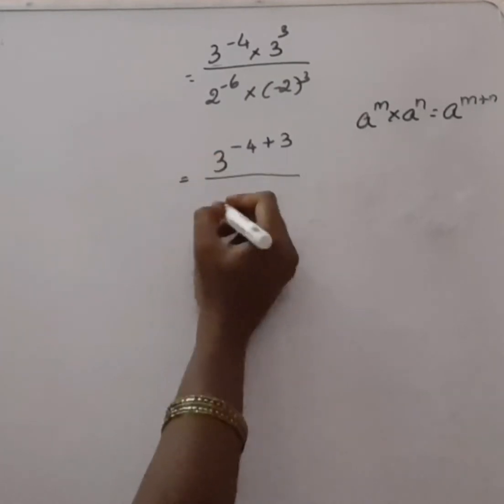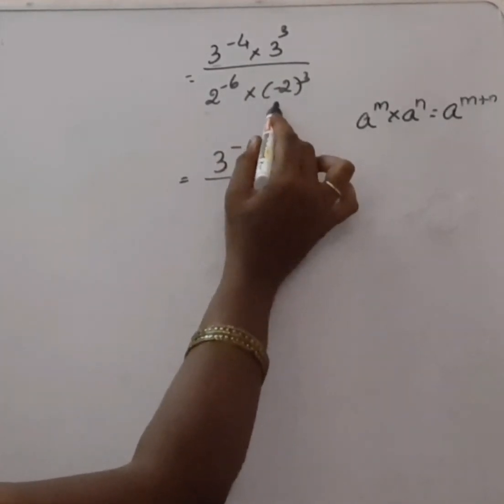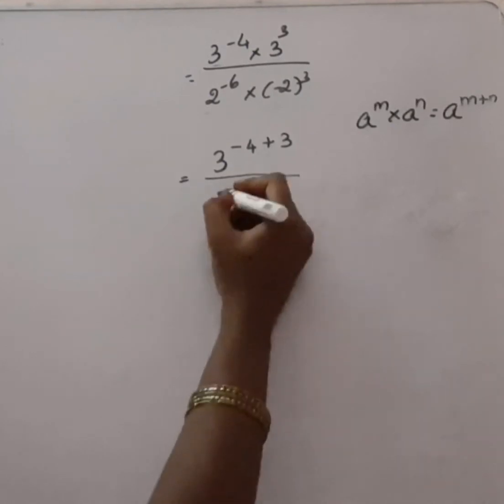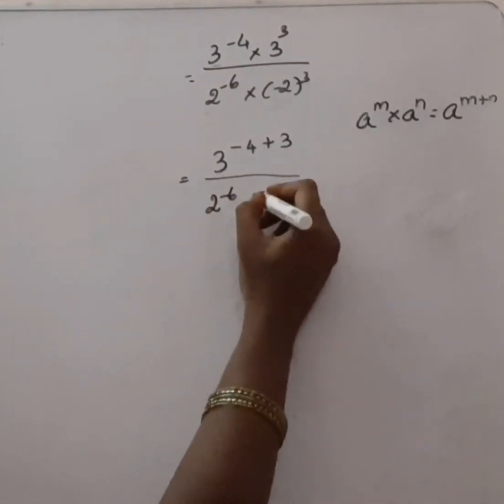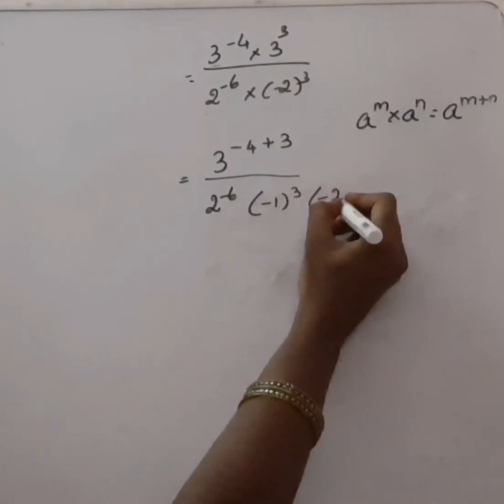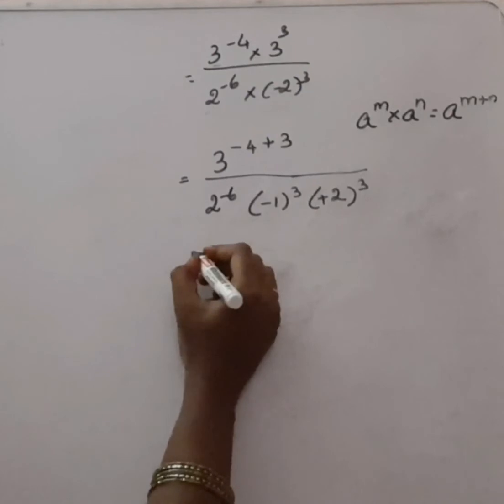Okay. Now, in the denominator, we have one base as 2 and the second one as minus 2. So, change that minus 2 as plus 2. How do we change that one? By taking (minus 1) the whole power 3 outside and (minus 2 plus 2) the whole power 3.